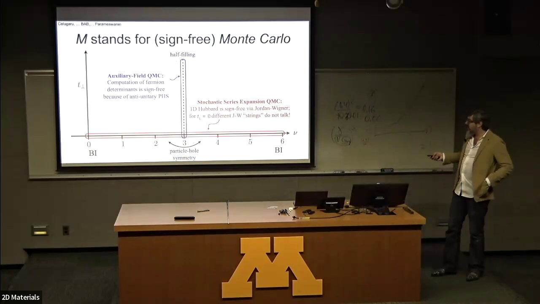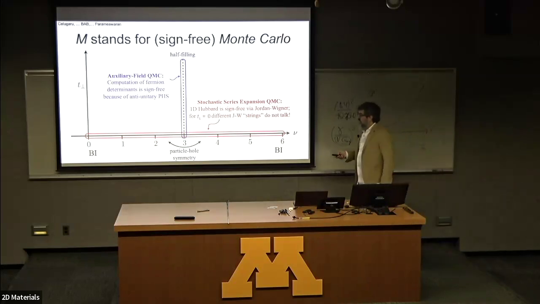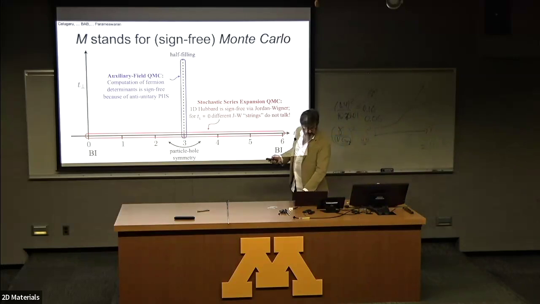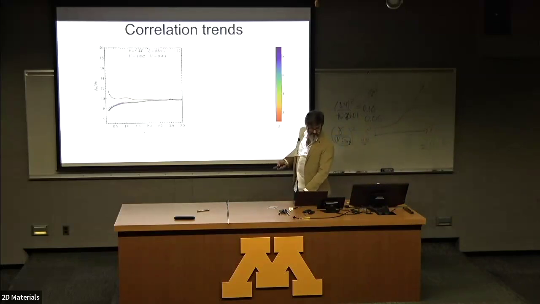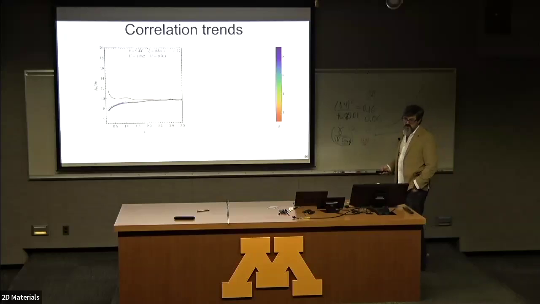And this entire phase diagram here is sign-free stochastic series expansion. So these are the new unpublished data that basically show you, as you lower the temperature, the formation of some insulating states.